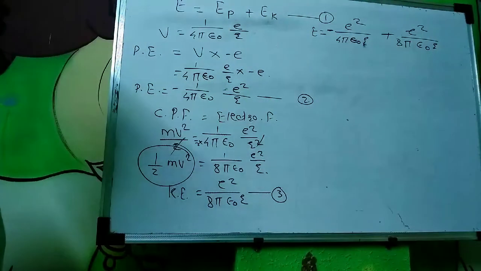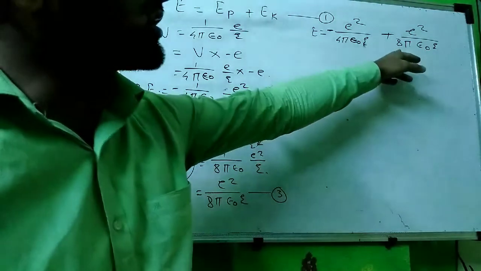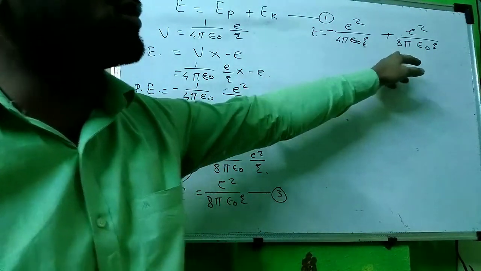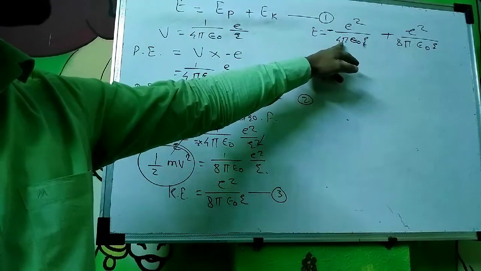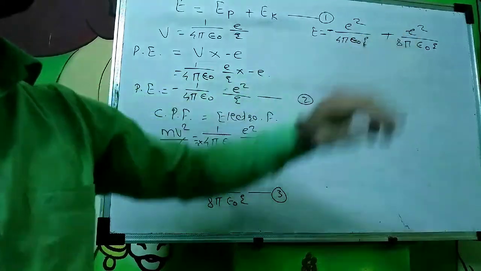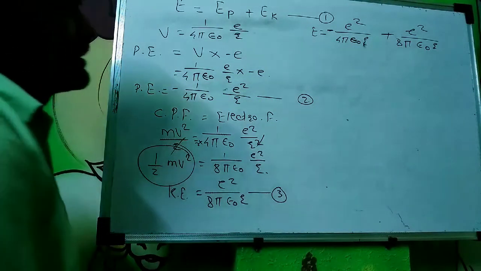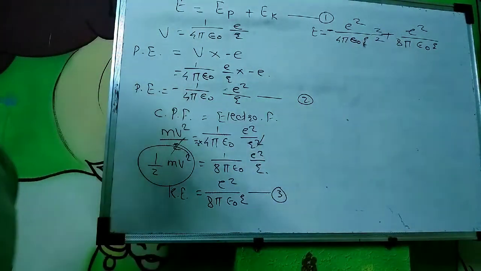What is the similarity in these two terms? Every term present in both is the same, the only difference is that here the denominator is 8 times pi epsilon naught r, and here the denominator is 4 times pi epsilon naught r. So how can we make the denominator the same? To make it the same, we multiply and divide the first term by 2.